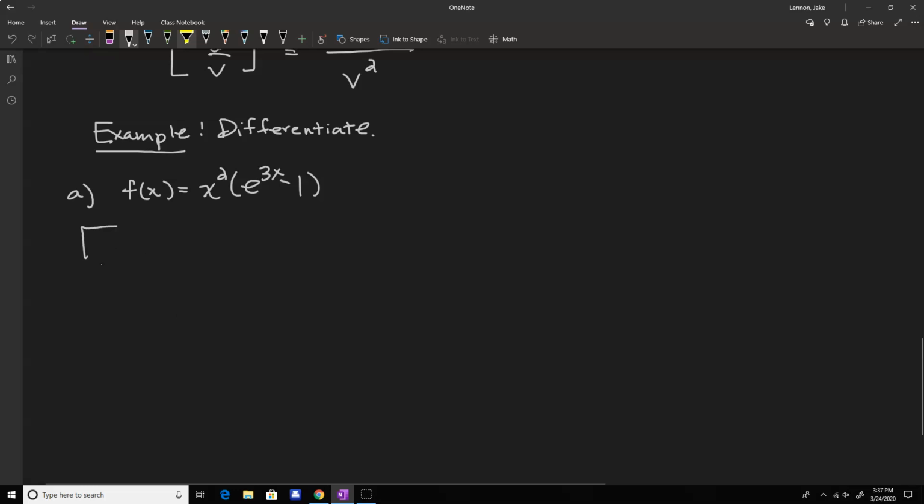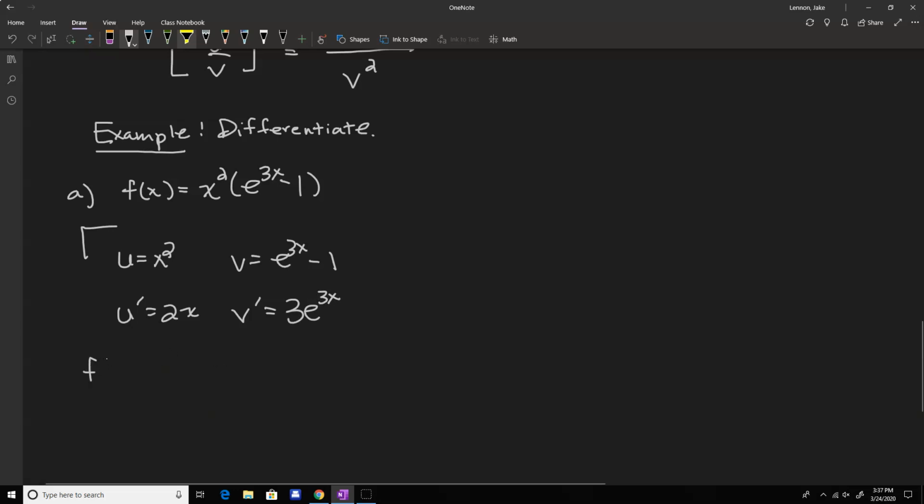So for this one, we want to let u be the first factor, x squared, and v be the second factor, e to the 3x minus 1. So u prime, we're just using the power rule, 2x. V prime, the derivative of 1 is, the minus 1 is just going to go away. And then remember the derivative of a continuous exponential function, we just bring the constant down and it remains e to the 3x, so 3e to the 3x.